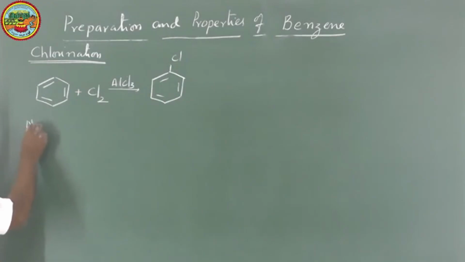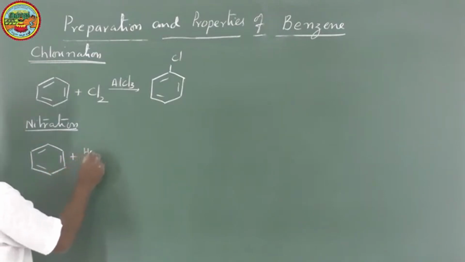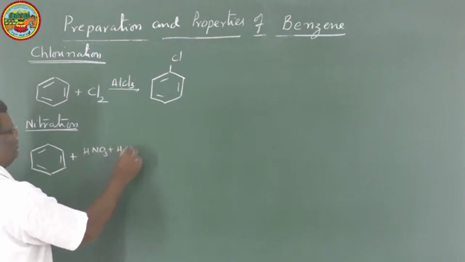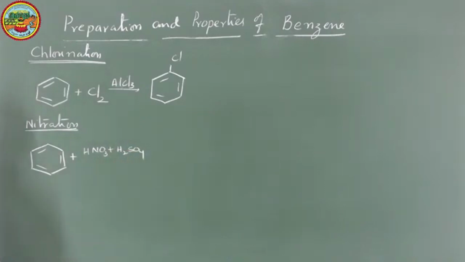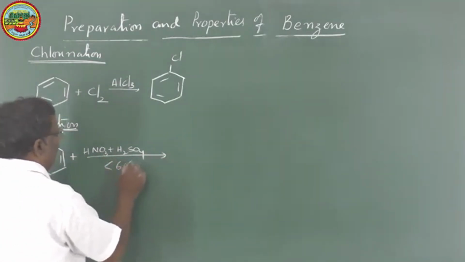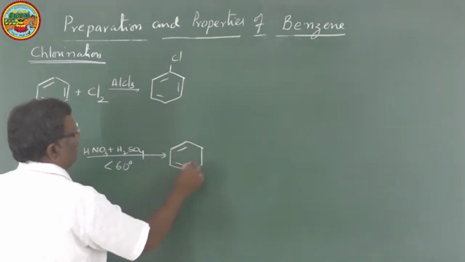Similarly, nitration. Addition of an NO2 group is said to be nitration. Benzene reacts with nitration mixture, a 1:1 mixture of concentrated HNO3 plus concentrated H2SO4. So when benzene is heated with nitration mixture below 60 degrees centigrade, we get nitrobenzene.